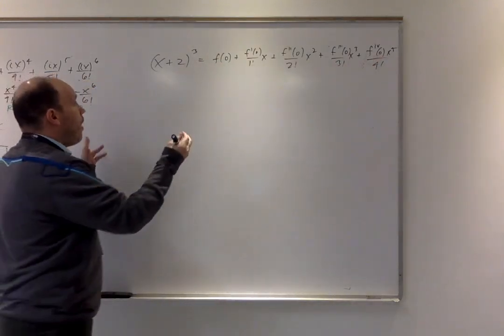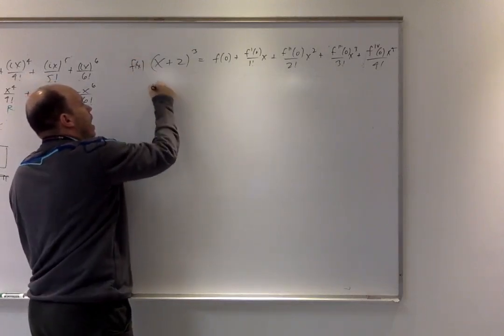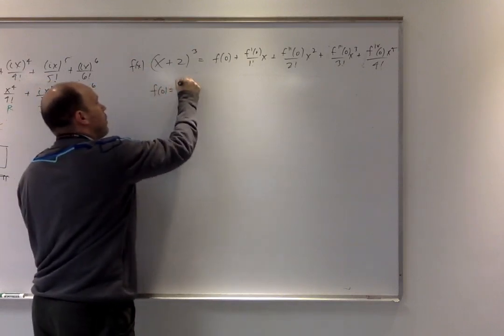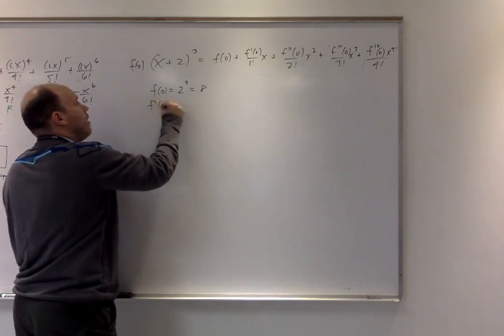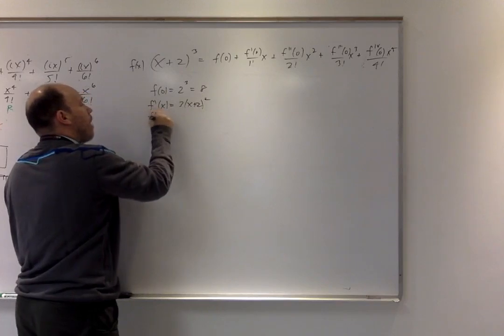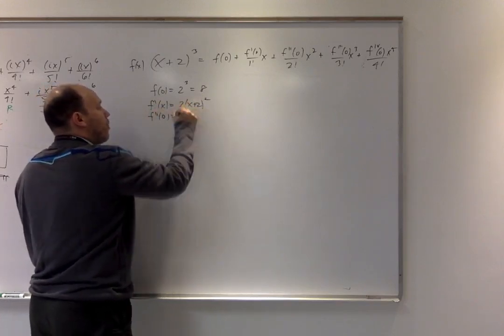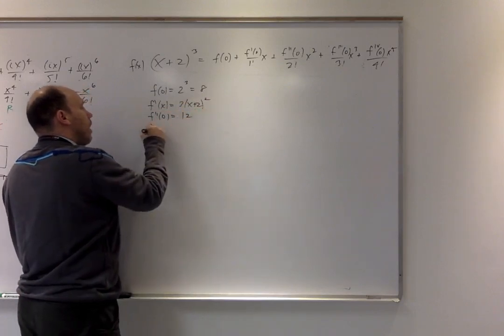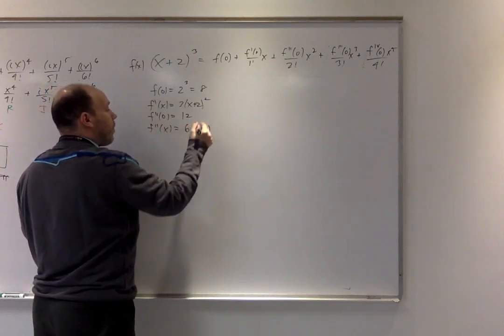So, fine. If this is f of x, then f of 0 is, let's see, 2 to the third, or 8. So f prime of x is equal to 3 times x plus 2 squared. So f prime of 0 is equal to 3 times 4, or 12. I know f double prime of x is equal to 6 times x plus 2 to the first.